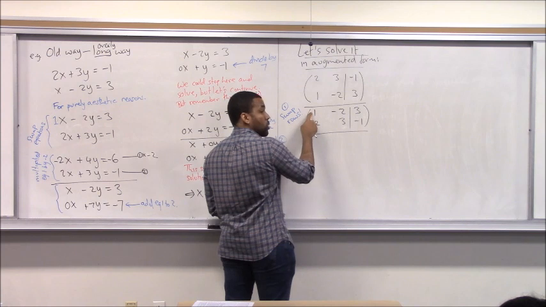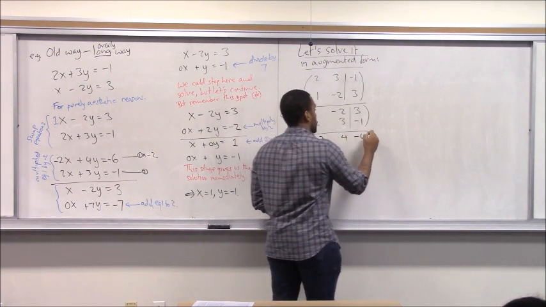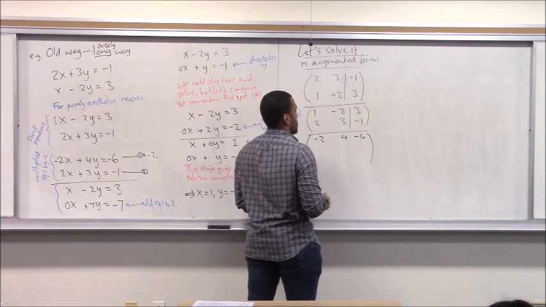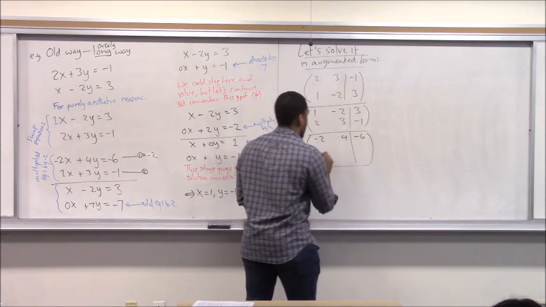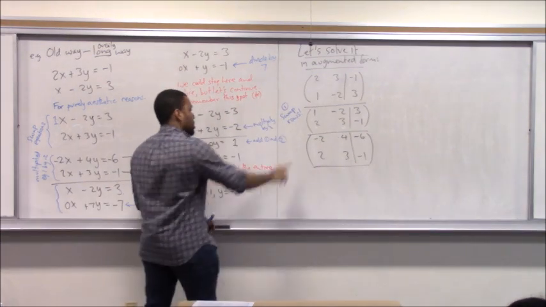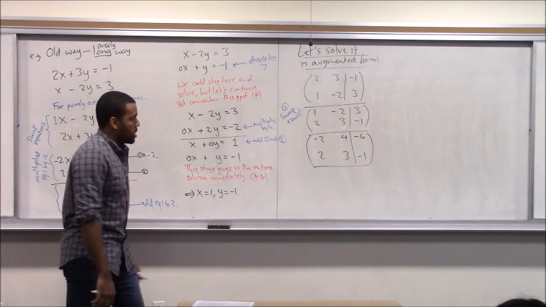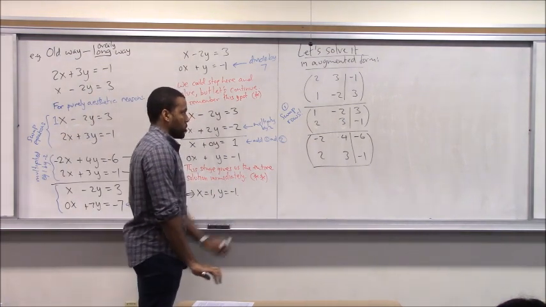I'm going to multiply this one by 2, or negative 2, if you prefer. Now, I took 2 steps here. When you get used to this, you'll be able to do it all in 1 step. But I'm going very slow now because we've just started.